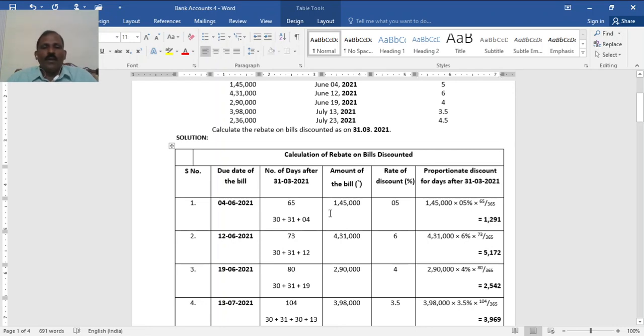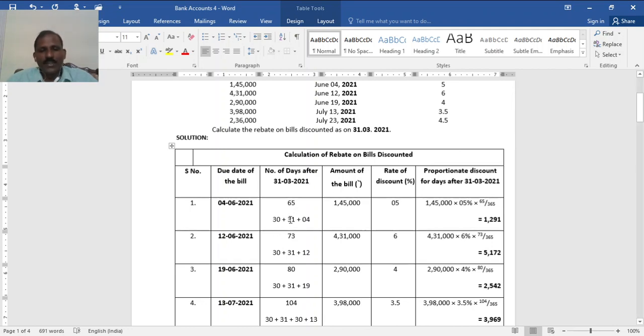As you know, this is 31st March 2021. First bill, June 4th. So now the number of days after 31st March: April 30 days, May 31, that is 61 days plus 4.